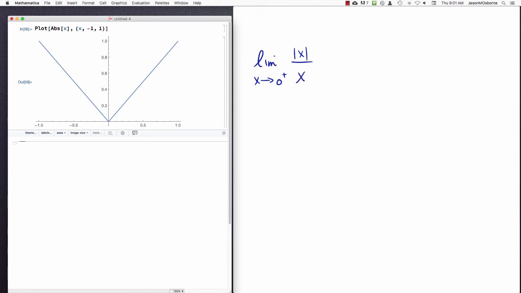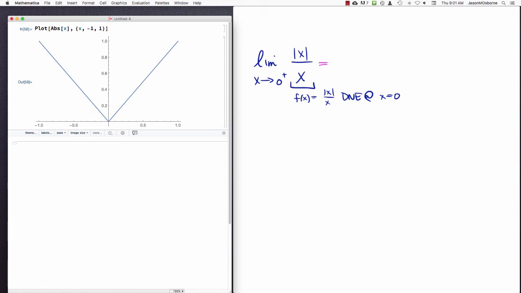Is this possible? Notice that this function f of x, the absolute value of x divided by x, does not exist at x equal to 0. So you can't just plug 0 into this function. We have to be very careful about doing the limit problem.